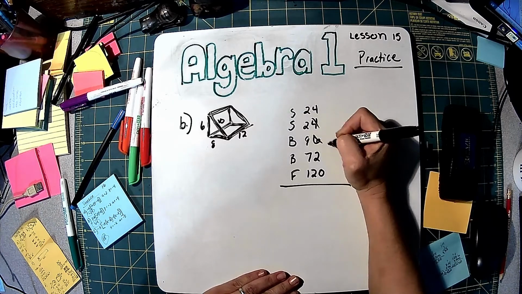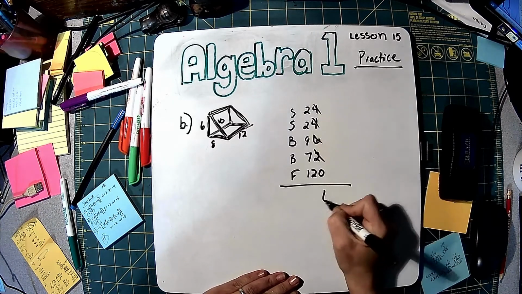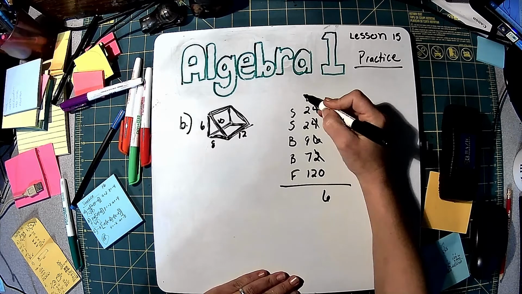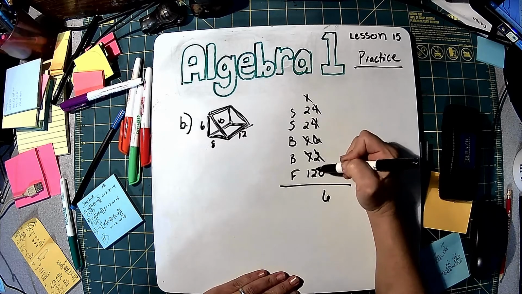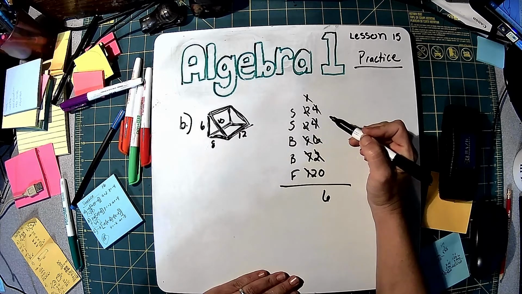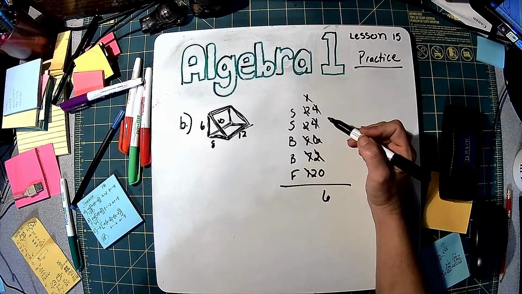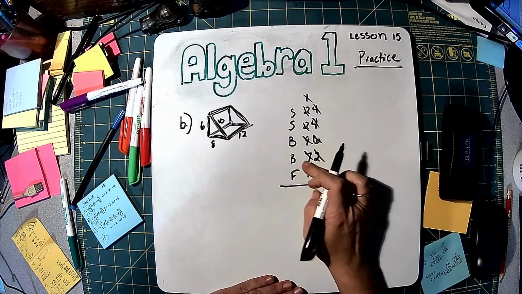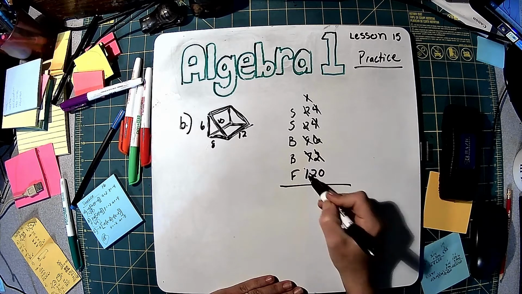So 6 and 4 is 10, 14, 15, 16, carry the 1, and that would be 10, 17, 18, 19, 20, 21, 22. I think I'm missing something. Oh, I added wrong.